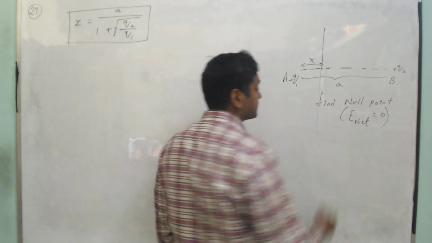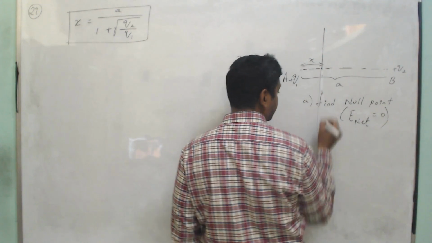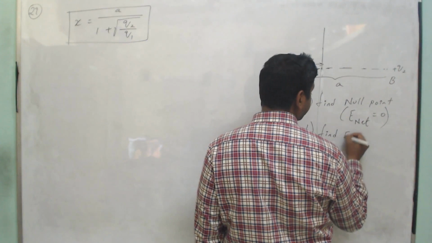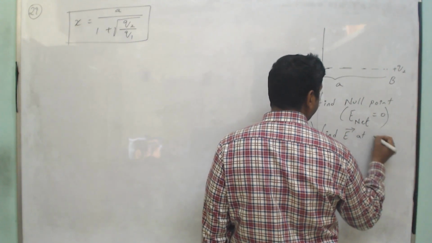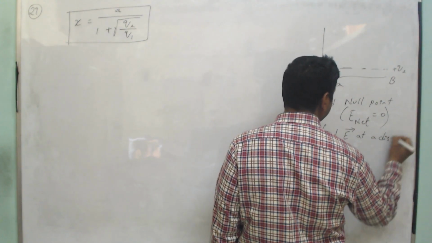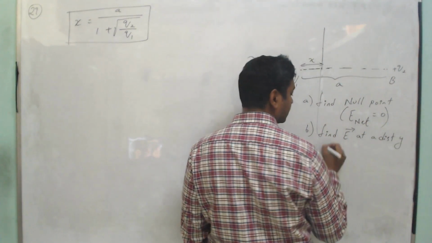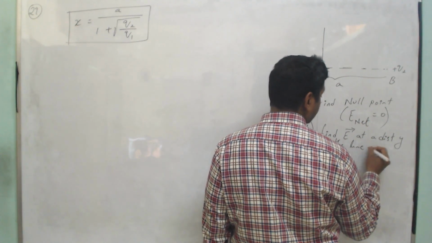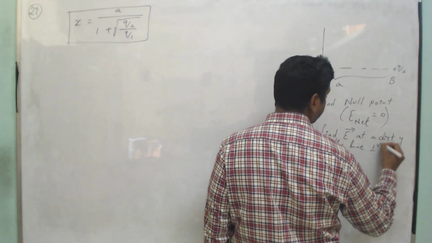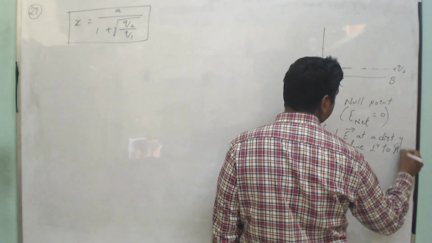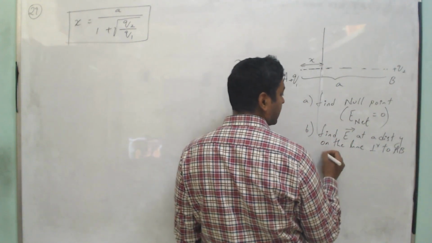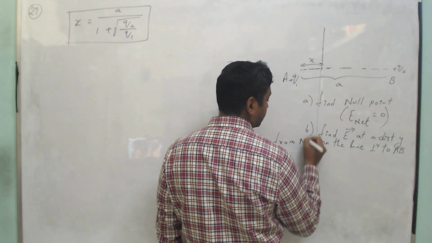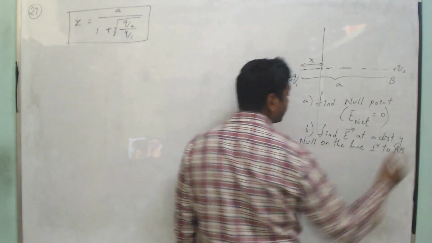So this is A part, next B part. Find the electric field at a distance y from the null point on the line perpendicular to AB.